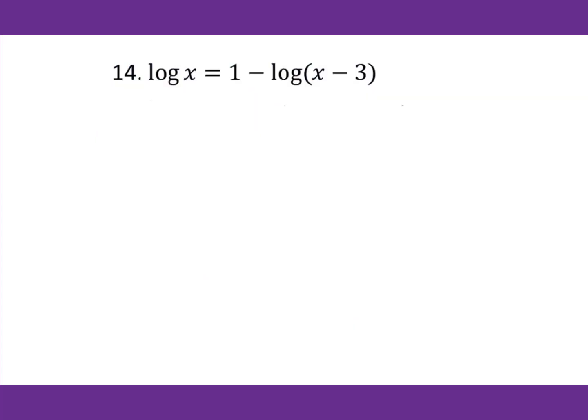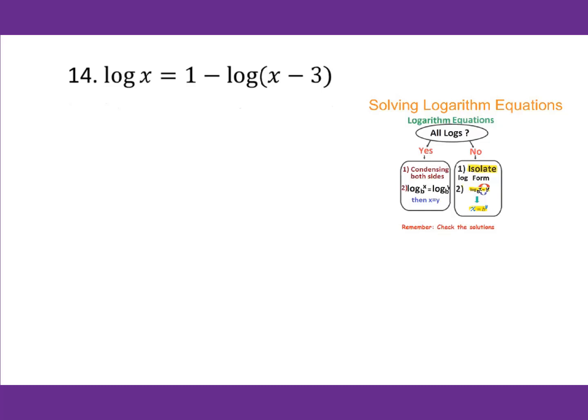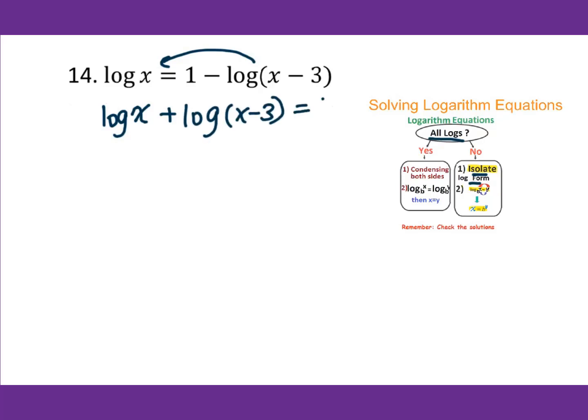Now let's go to number 14. We check all logs. No. So isolate the log on one side. We got the common log of x plus common log of x minus 3 equal to 1. Then condensing the log on this side, that's x times x minus 3 equals 1.